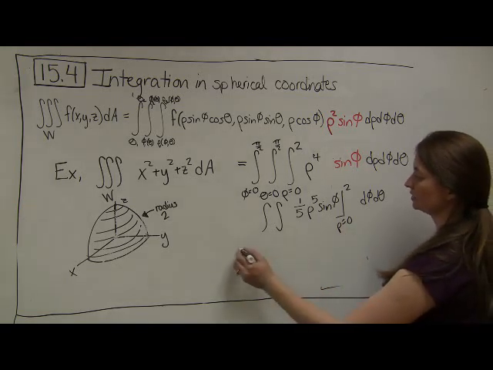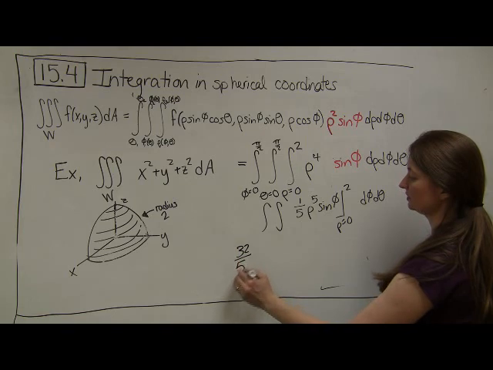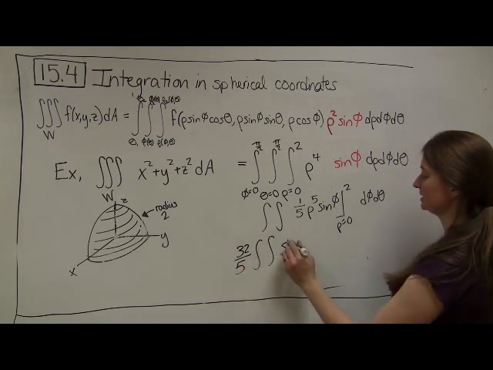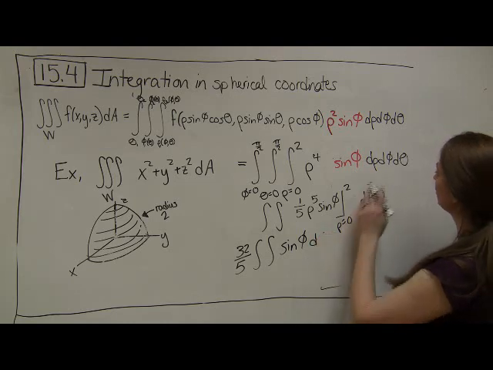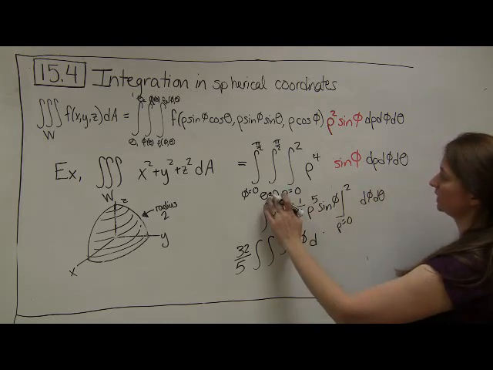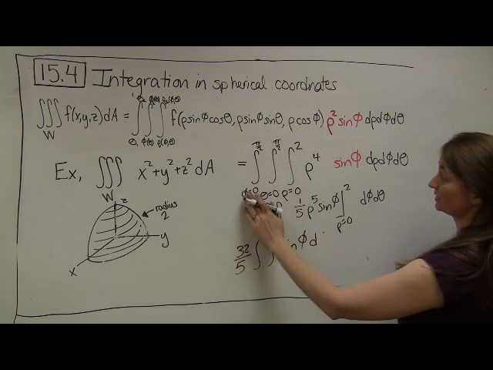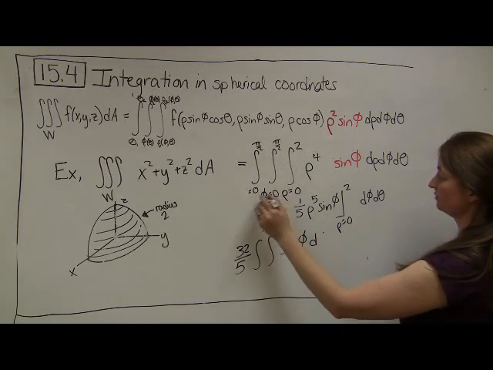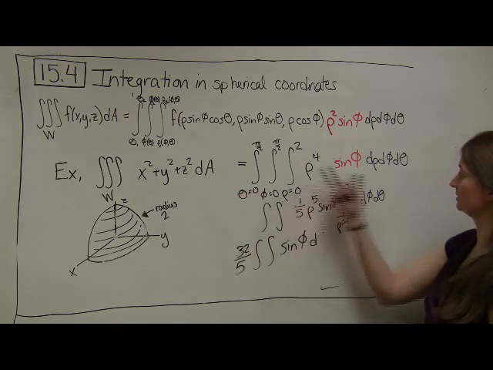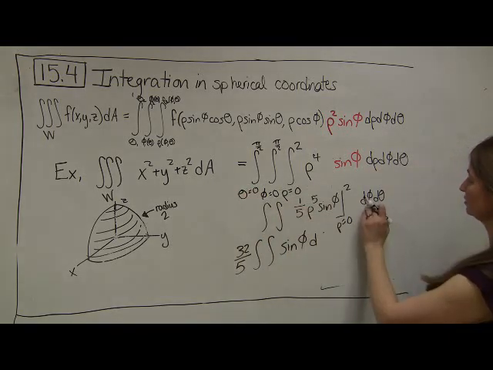So I'll just put 32 fifths on the outside. Sine of phi, d. Oh, I interchanged the order here. It turns out it doesn't matter because the bounds were exactly the same, but let's just make sure that we have phis and then thetas. It really doesn't matter. I could have done it either way, but I do want to make sure that they match.